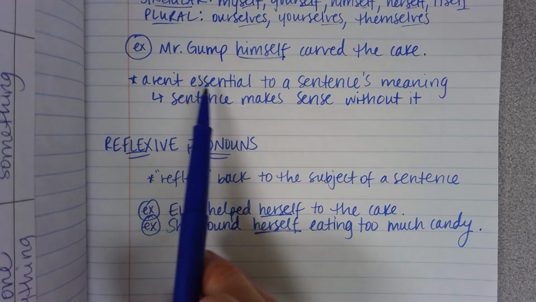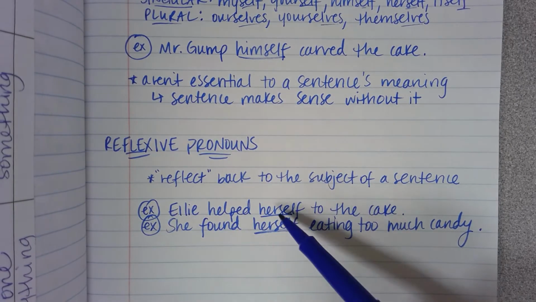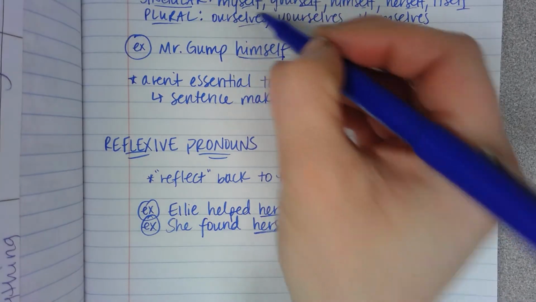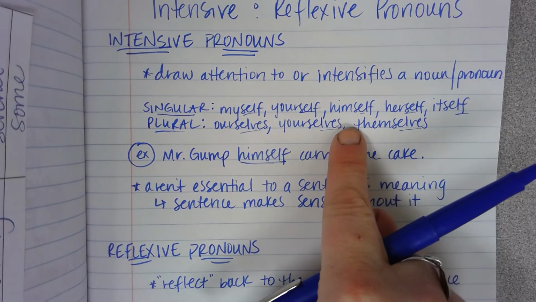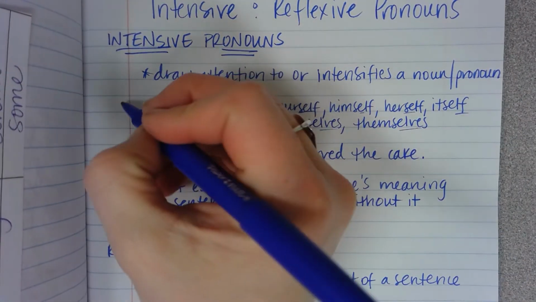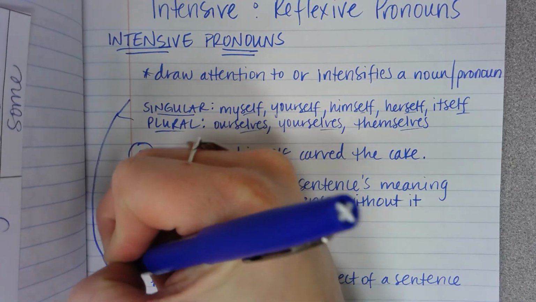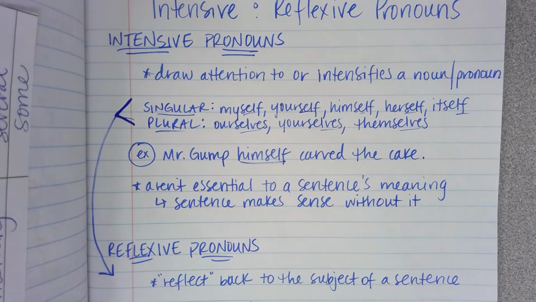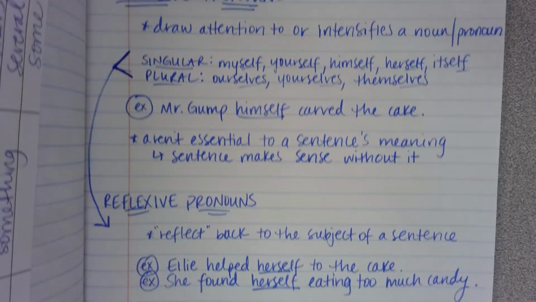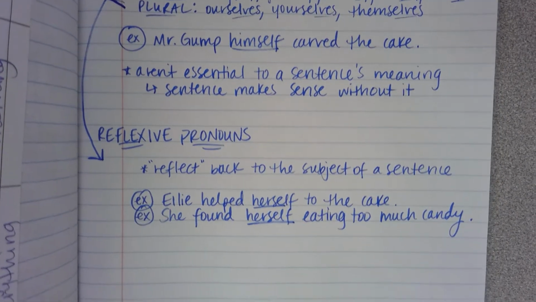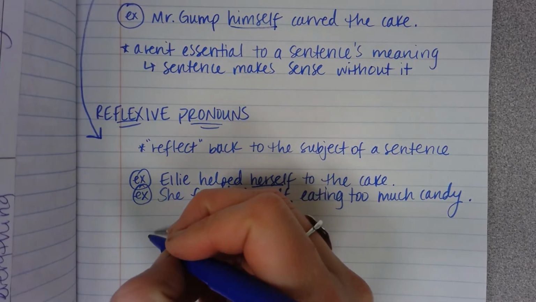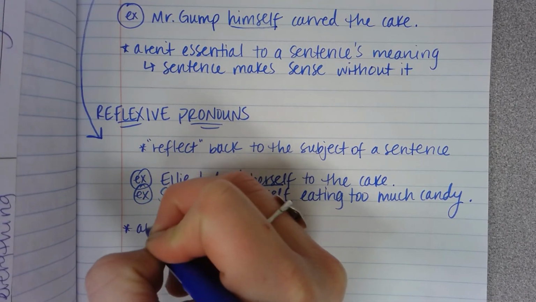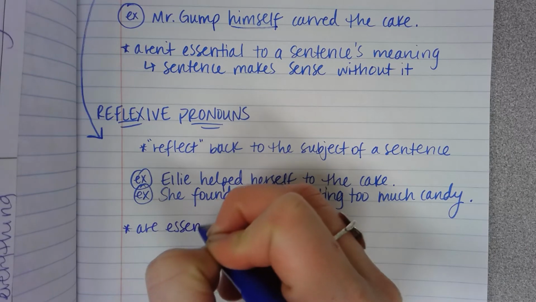She found herself. So they're tied together, but it's not intensifying the pronoun that's in there like an intensive pronoun is, although they are the same words. So you're going to find all of these up here are also reflexive pronouns, but they are not used in the same context. So they will be the same words, just not in the same context.